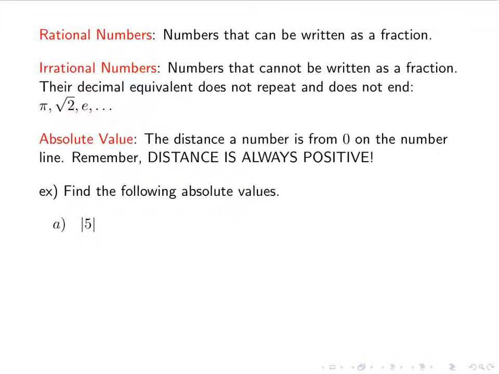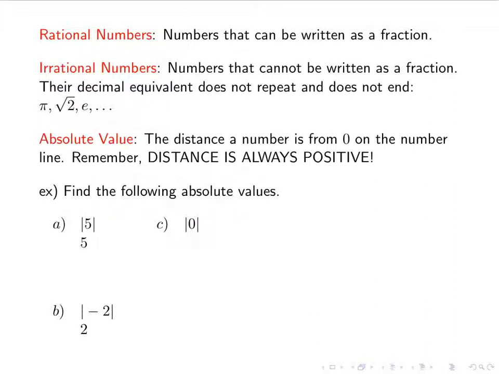So find the following absolute values, and we have these two vertical lines on either side of the number, and that denotes the absolute value. So the absolute value of 5 is 5. The absolute value of negative 2 is positive 2. So remember, again, this is the distance from 0, so it's always just the positive version of the number.